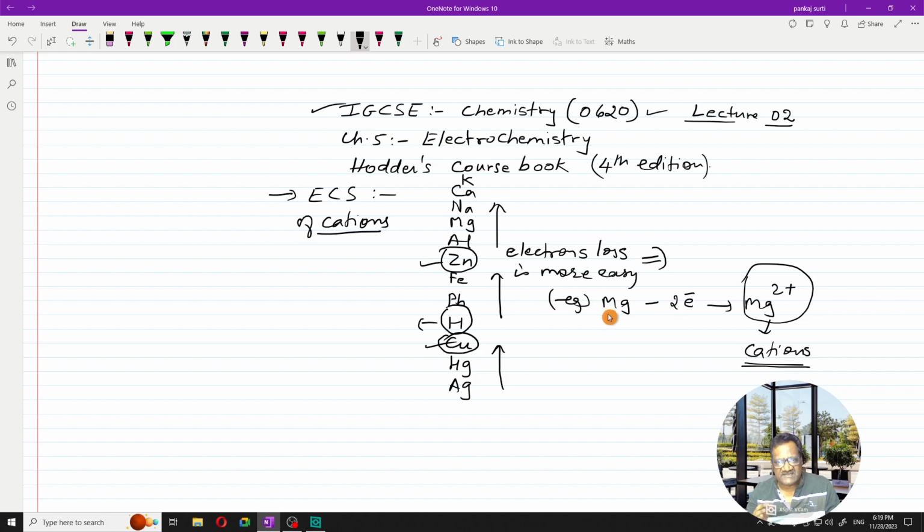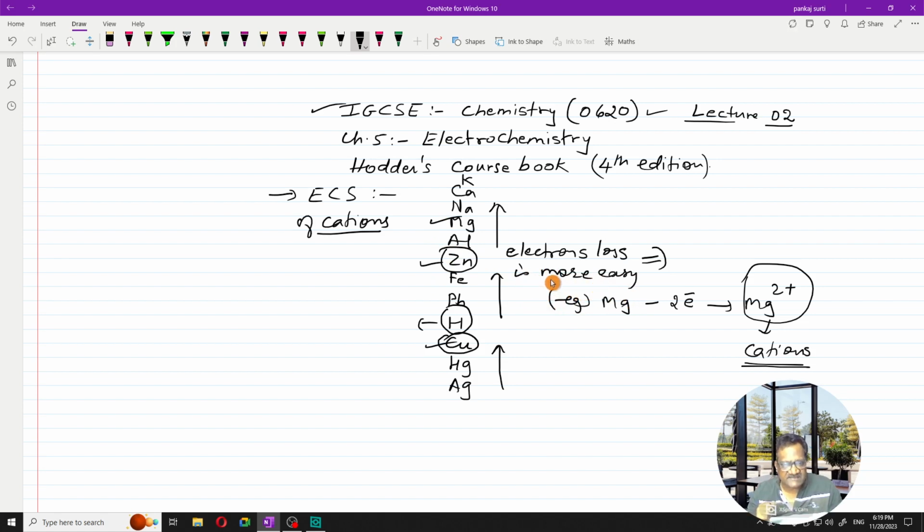Now the magnesium is over here in this position, so because it is at a higher position, the electron will be lost more easily.